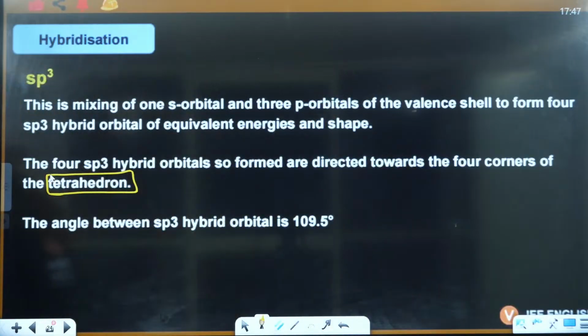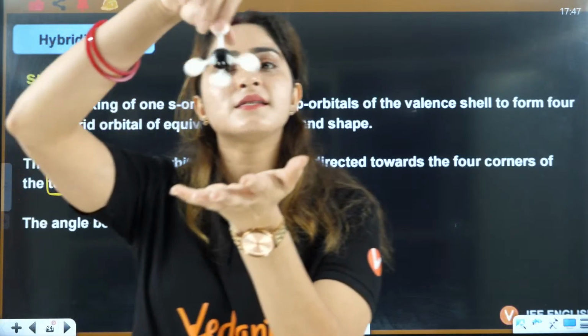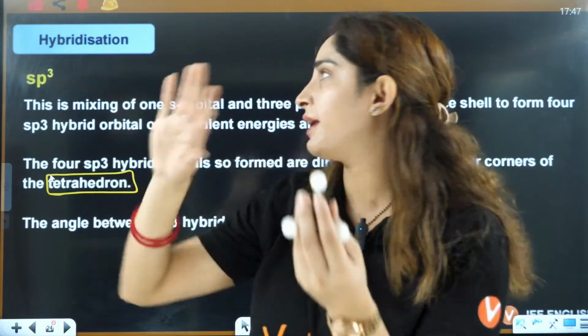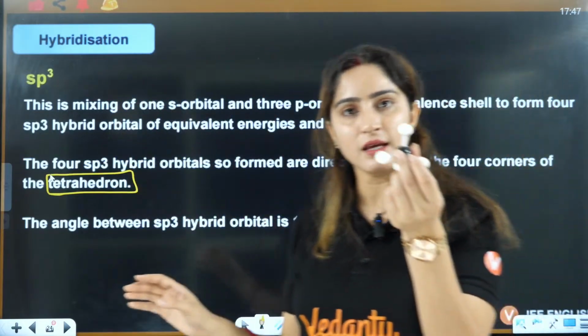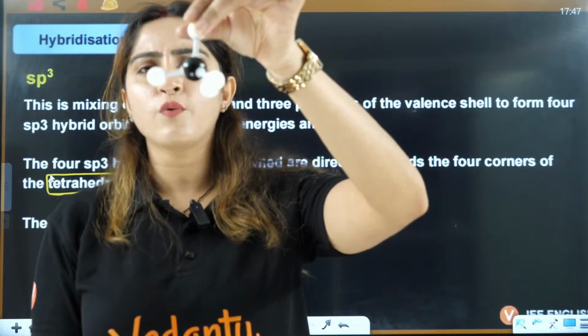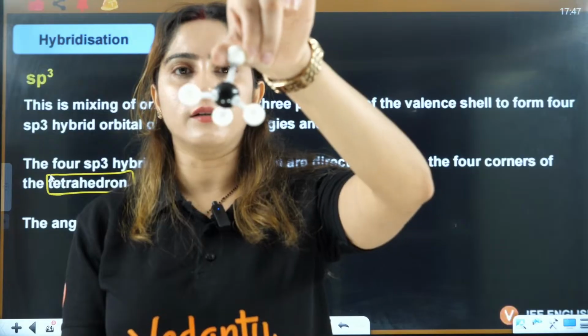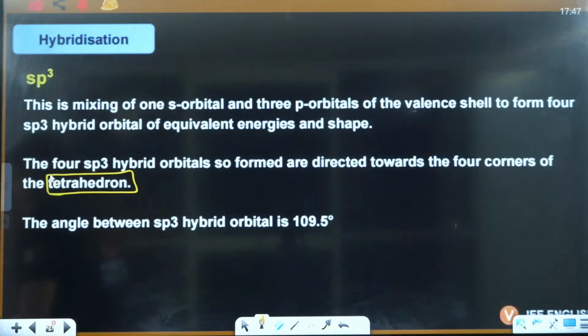If I talk about this, it is a tetrahedral geometry that we are talking about for sp3. Till now you just see what it is. Detail we will discuss later, because the next lecture is going to be on shapes only.